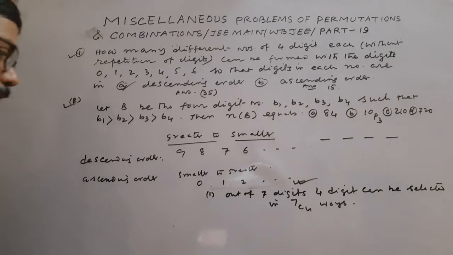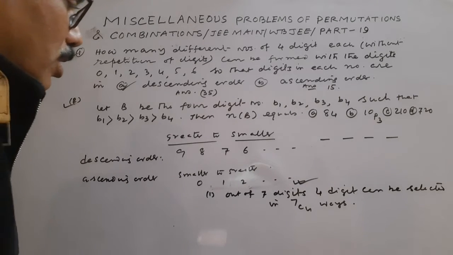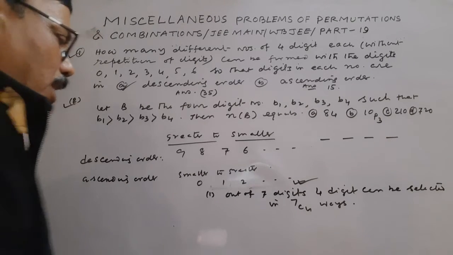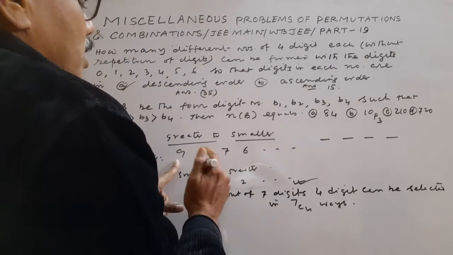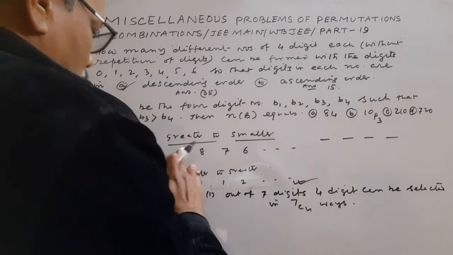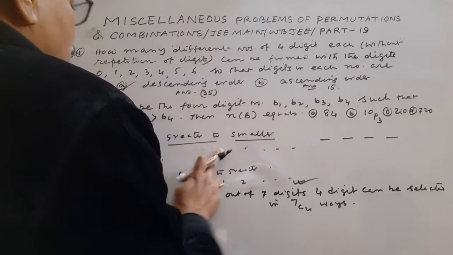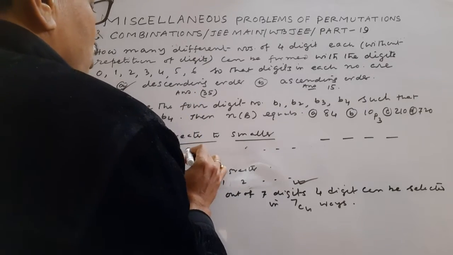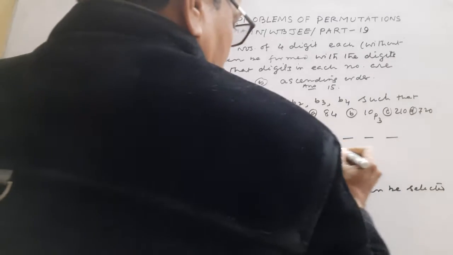Since it is descending order, suppose you take one form, say 6, 5, 4, 3, or you can write 6, 5, 4, 2.